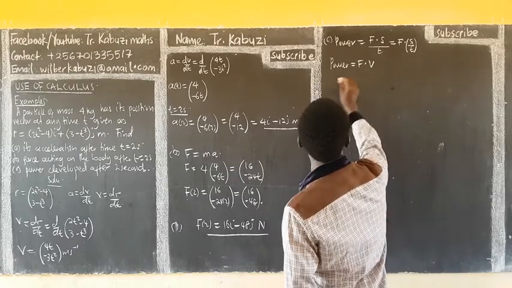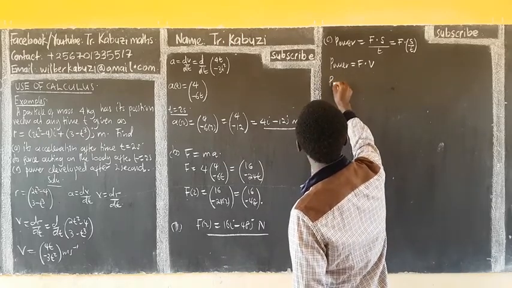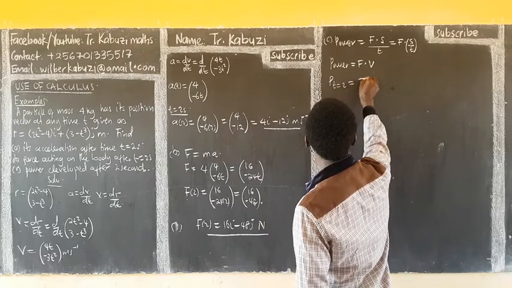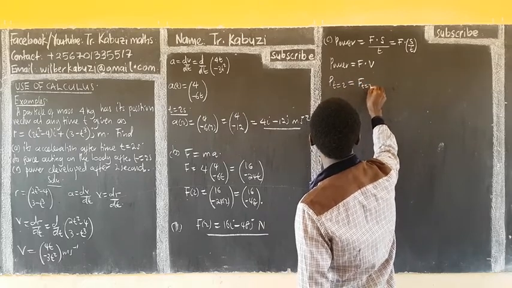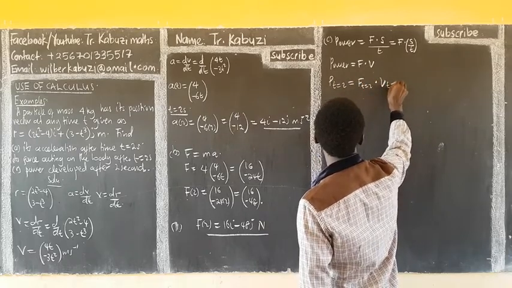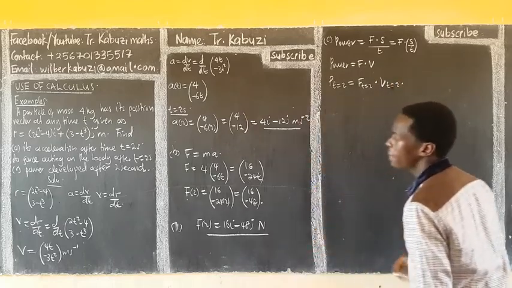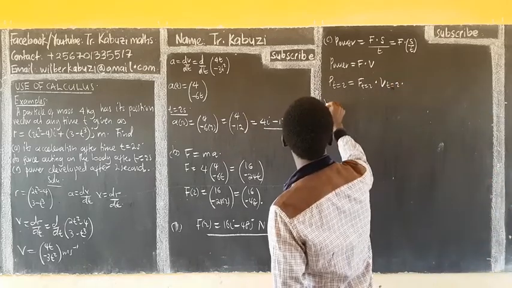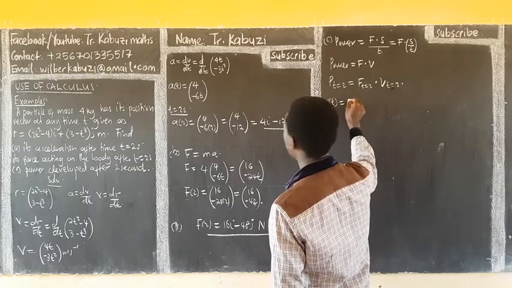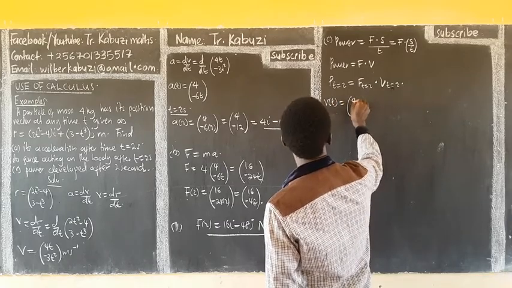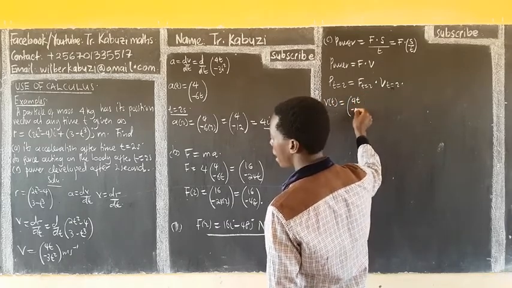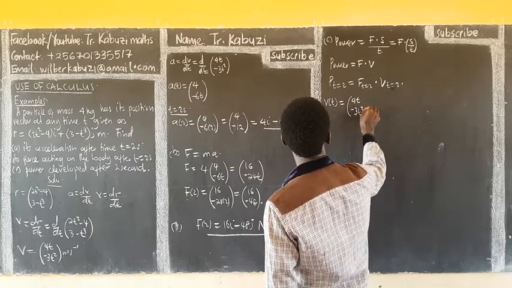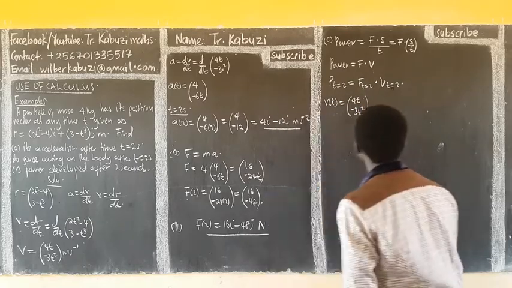Meaning our power when t is 2 will be the force when t is 2 dot the velocity when t is 2. Our velocity at any time was 4t minus 3t squared.